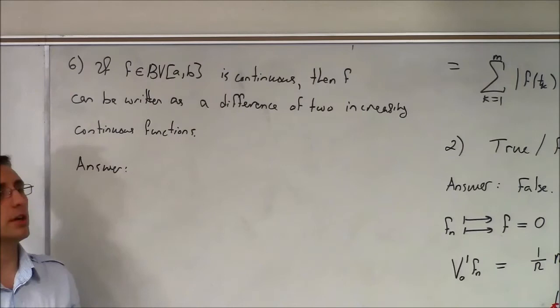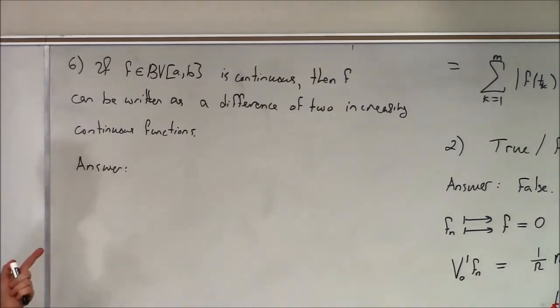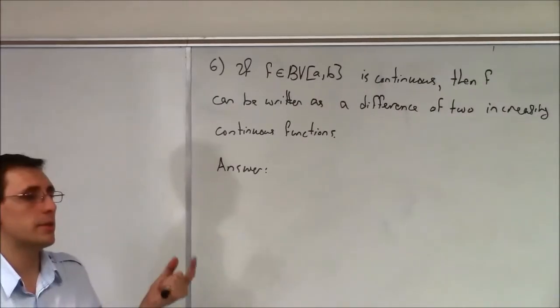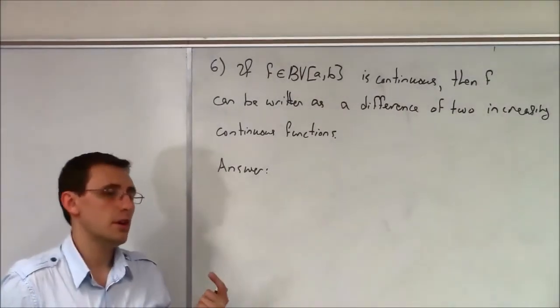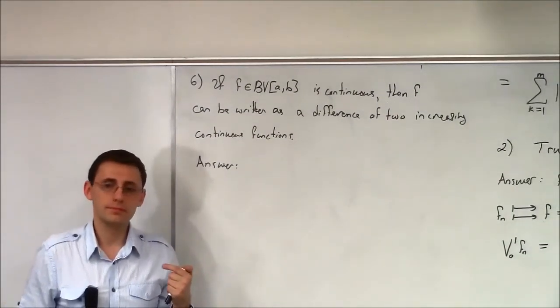We know that that's Jordan's theorem. Jordan says that if you take a function of bounded variation, then it's equal to v minus (v minus f). Both v and v minus f are increasing functions. But v does not have to be a continuous function.